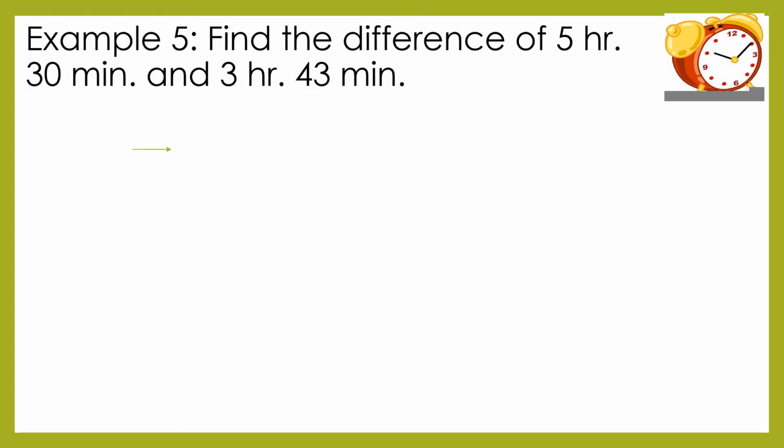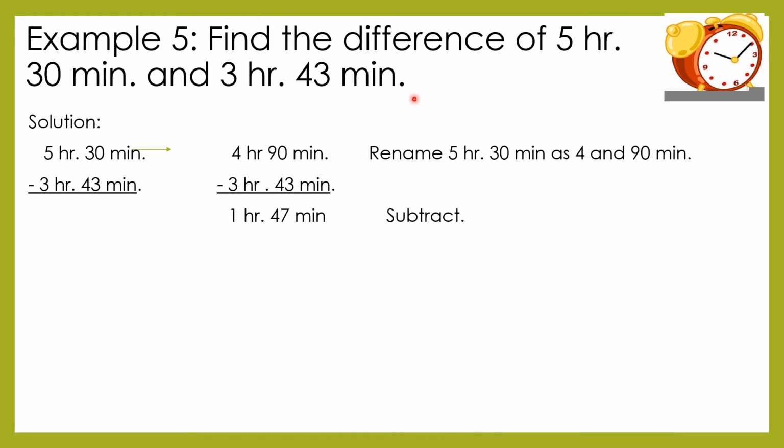Okay. Another example. Find the difference between 5 hours and 30 minutes and 3 hours and 48 minutes. Okay? So for our solution, 5 hours and 30 minutes minus 3 hours and 43 minutes. So 4 hours and 90 minutes because we rename the 5 hours 30 minutes as 4 and 90.